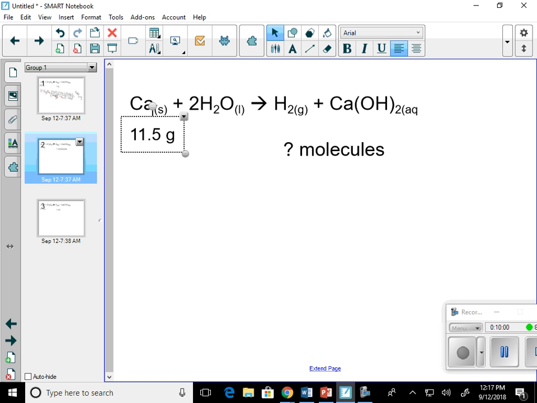I have the same starting amount, 11.5 grams of calcium. But since finding the mass of a gas is complicated, maybe I want to know how many molecules of H2 is created.